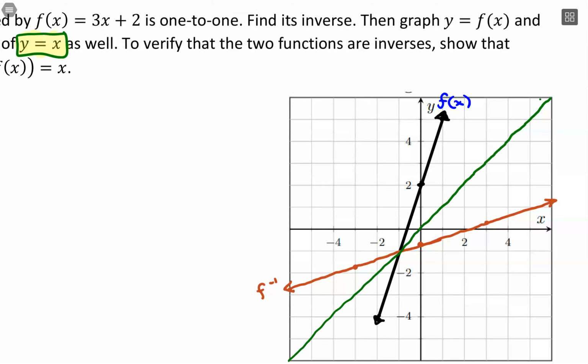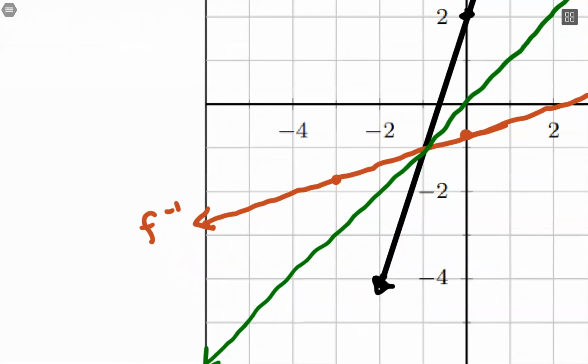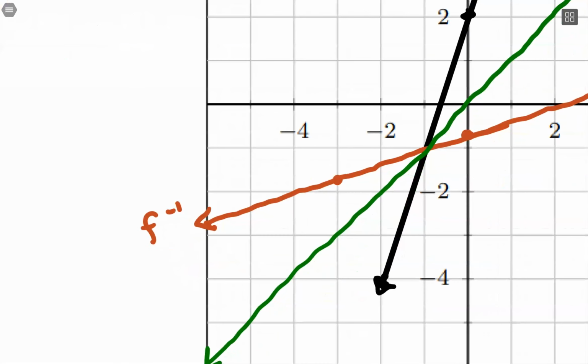Now, why we want to see that line is because there's a property with inverse functions. The property is that when we graph an inverse function, it's reflecting over y equals x. Where we can see that is this intersection right here. Since that's landing on y equals x, it just reflects onto itself.